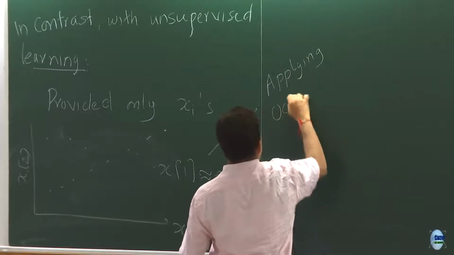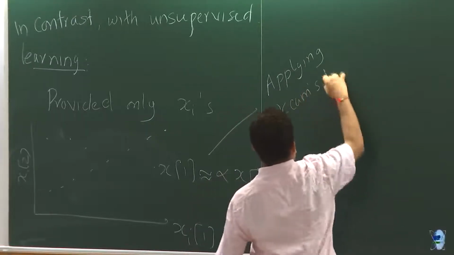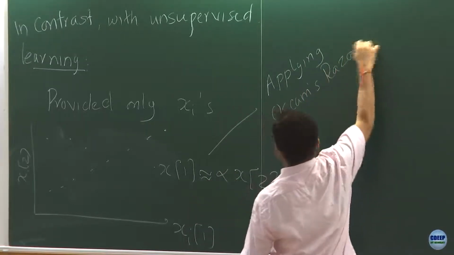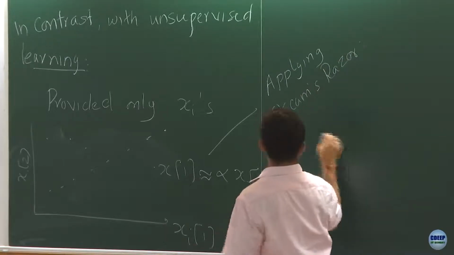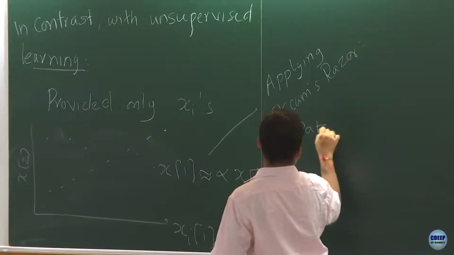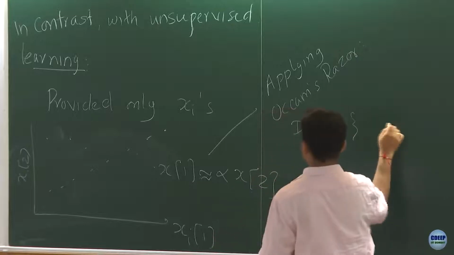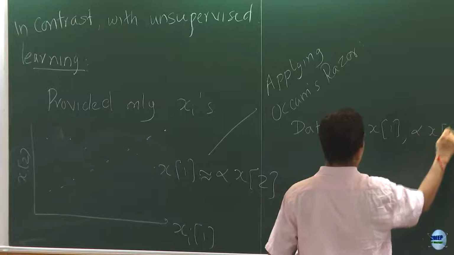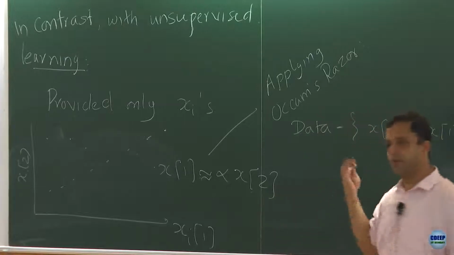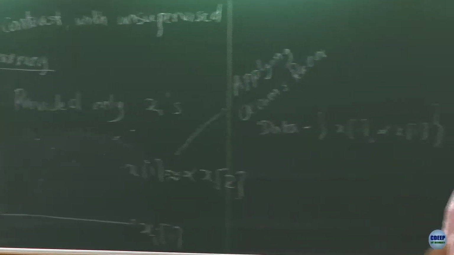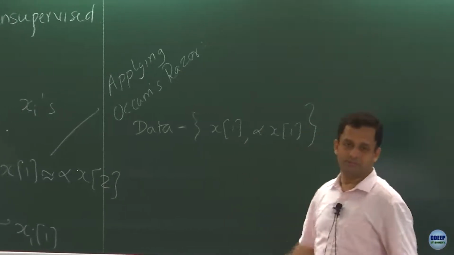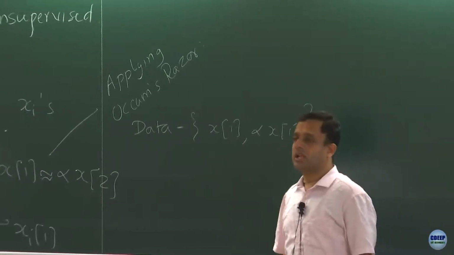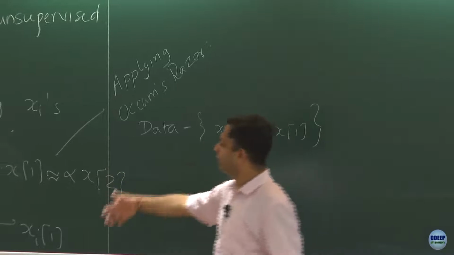So applying Occam's razor, you will say, well, my data should be written as x1 comma alpha times x1. I really don't have two dimensions, I have only one actually. So I might as well just say x1, right? And we'll see, you can rotate now.